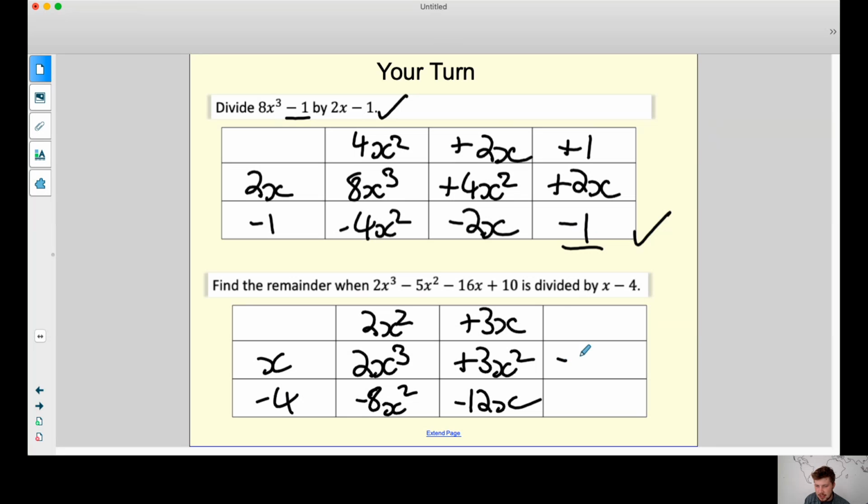To get to minus 16, I need to subtract another 4x, so this is going to be minus 4, and this would be plus 16. I am at positive 16. I need to get to positive 10, so I must subtract 6, so therefore my remainder must be negative 6.